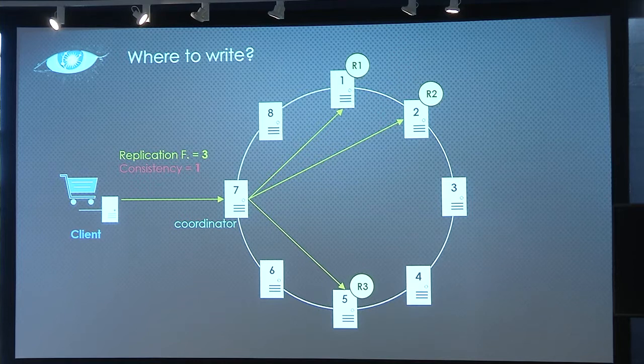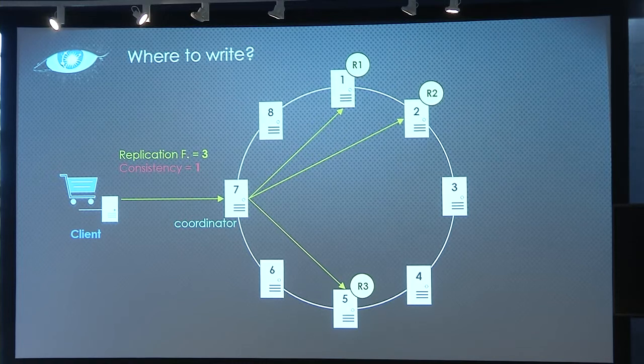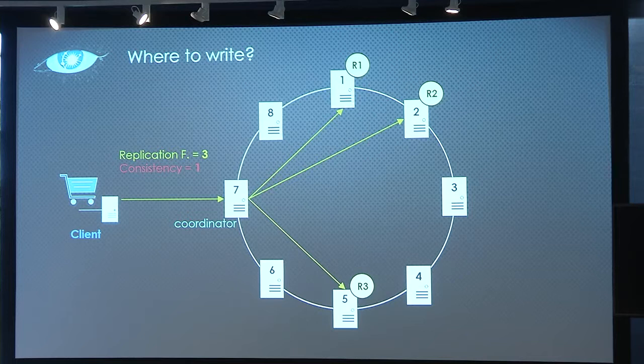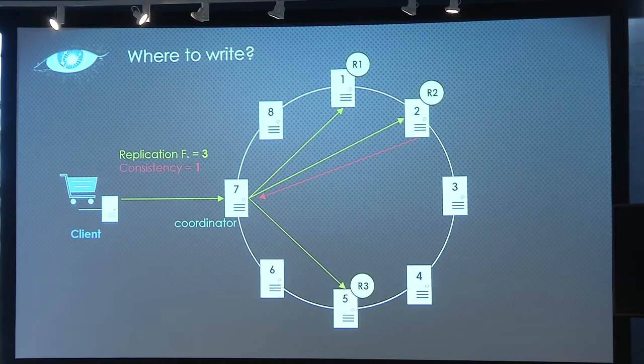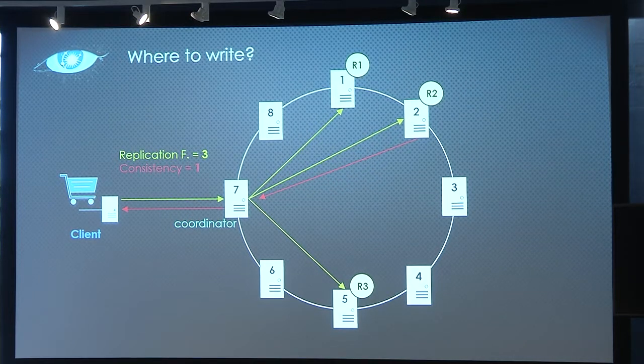Basically, the row key gets partitioned with Murmur hash or MD5, and whatever long number comes out of the hash will determine which machines it will go to. And the replicas 1, 2, 3 are now sent to 3 machines. Consistency level 1 means that as soon as one machine responds back and says, I got the write, the coordinator will continue on with the client and give the write successful. The other 2 writes are still going to be implemented, but it's not holding up the write.